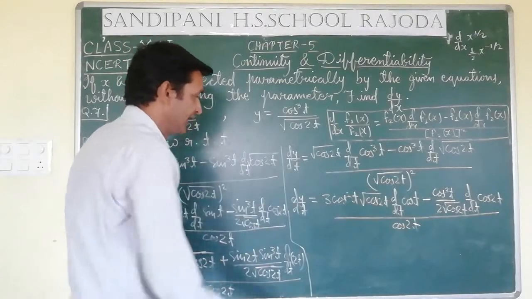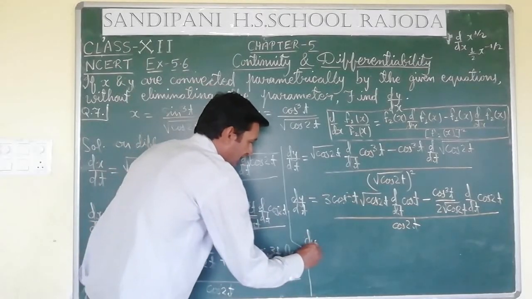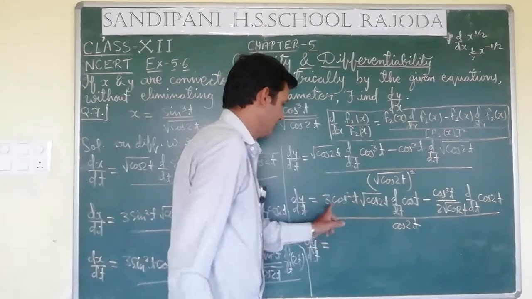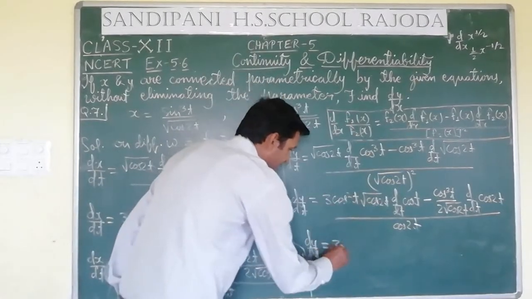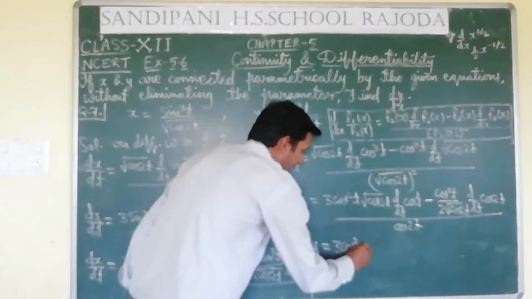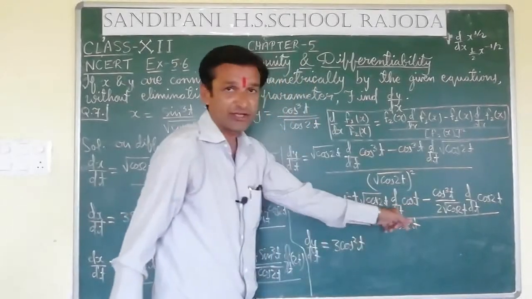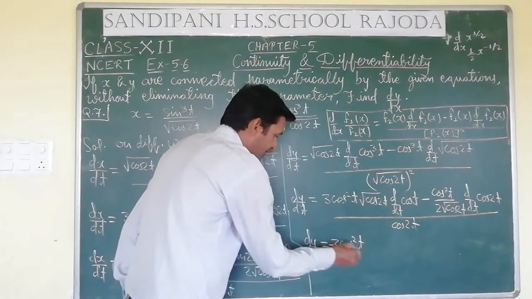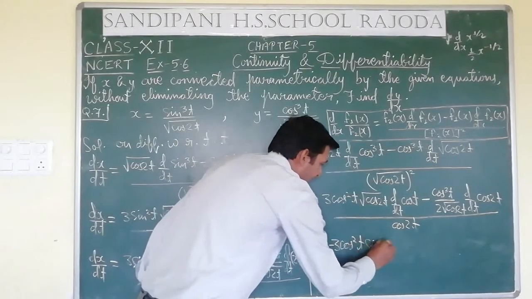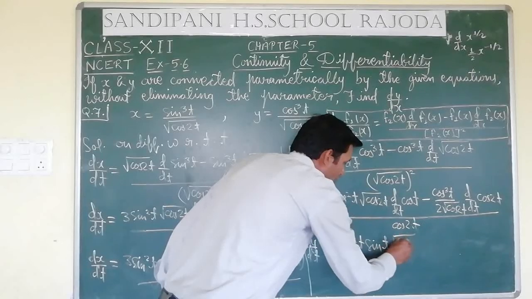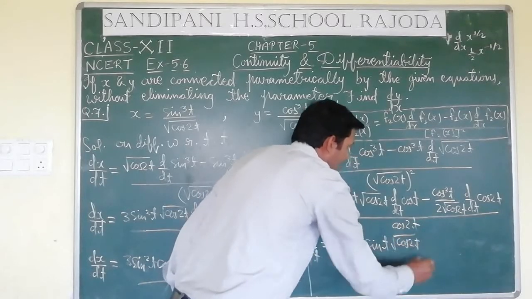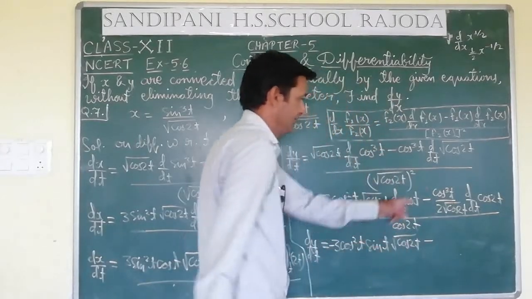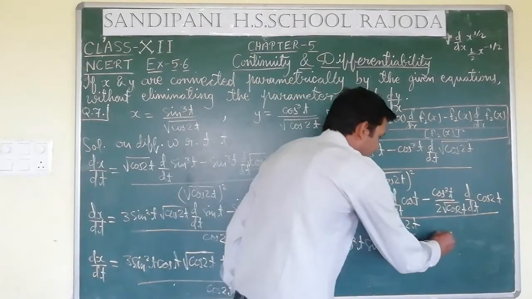Similarly, here it will become dy by dt is equal to 3 cos square t, and after that differentiation of cos t with respect to t is minus sin t, so a minus sign will be there, and then sin t root cos 2t minus cos cube t.